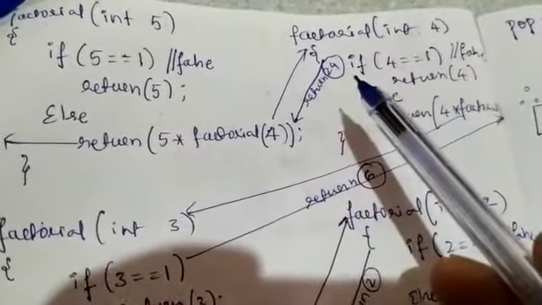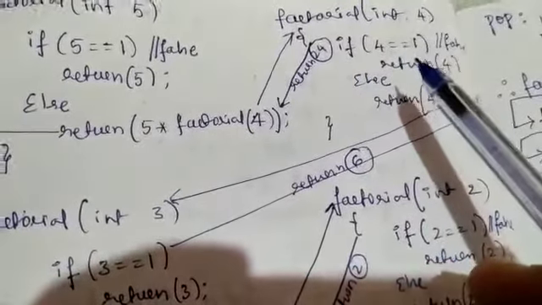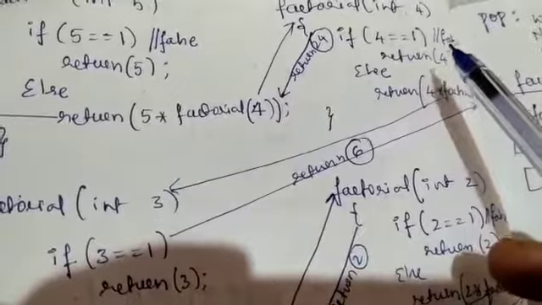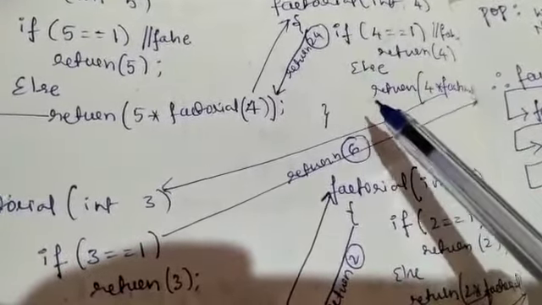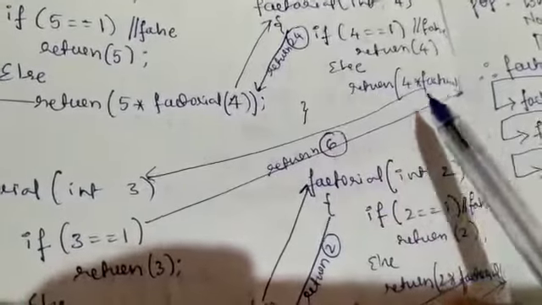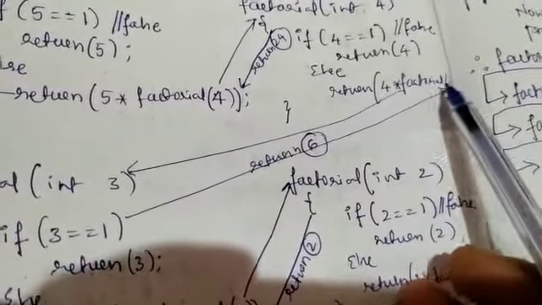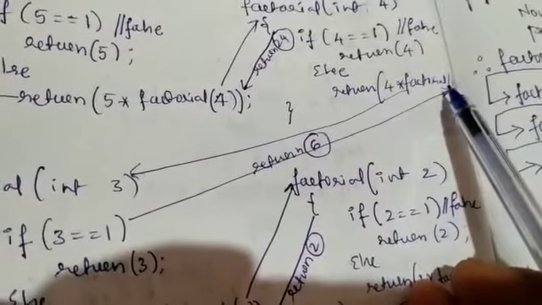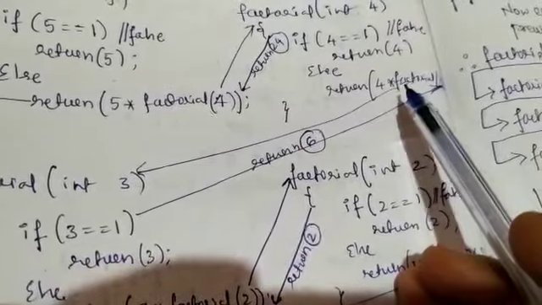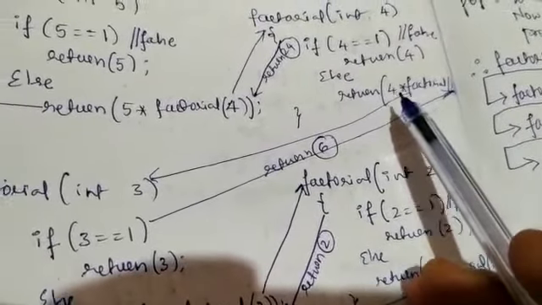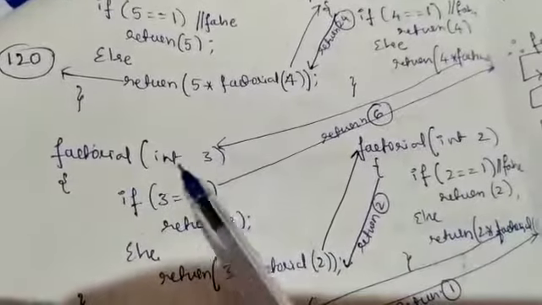Once again the condition is checked: if 4 is equal to 1, the condition is false, so it does not return any value here, and it jumps to the else part and returns 4 into factorial of 3, because 4 minus 1 is 3. When the control reaches this function, it will again call itself, factorial of int 3.